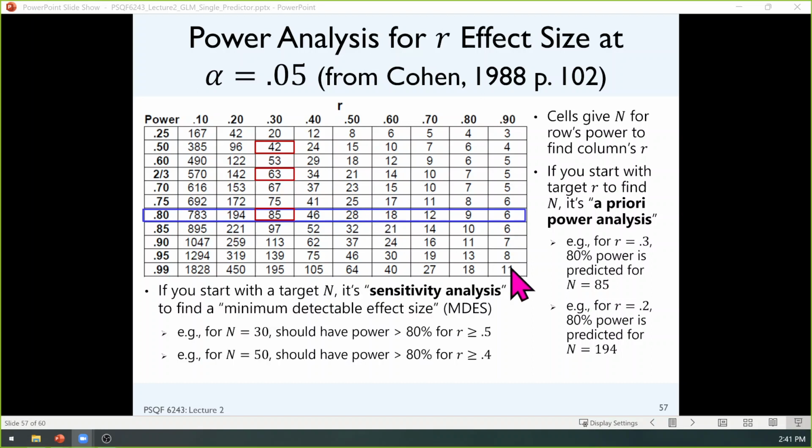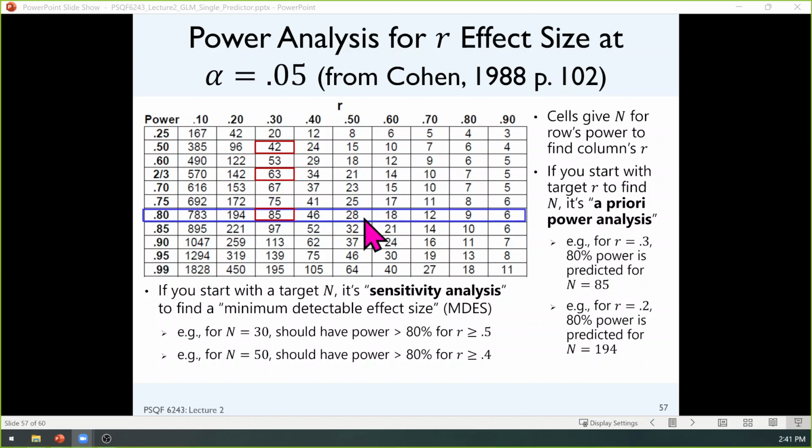That idea reframes this exercise into something called a sensitivity analysis, where you're looking to find the minimum detectable effect size. If I have 28 people, I find 28 in this table, and I can detect an R of 0.5 or greater.